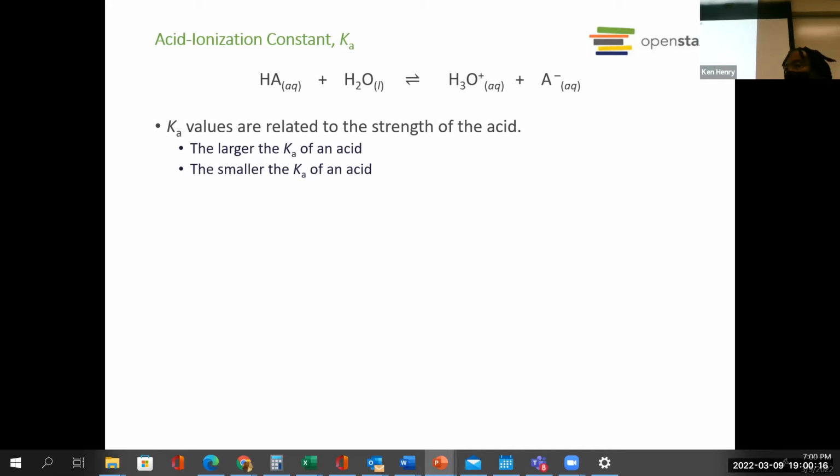That makes sense, right? Because if it's a large value for your Ka, that means you have more of this ion compared to it still being together. If it's a small value, that means this value is going to be greater than this one. Does it make sense now? Okay.